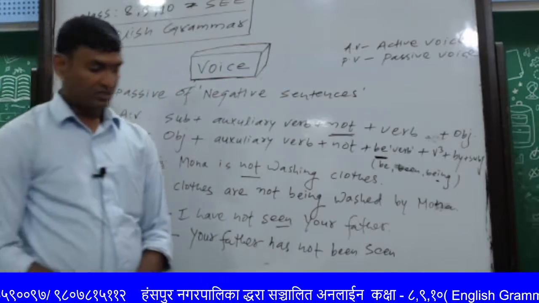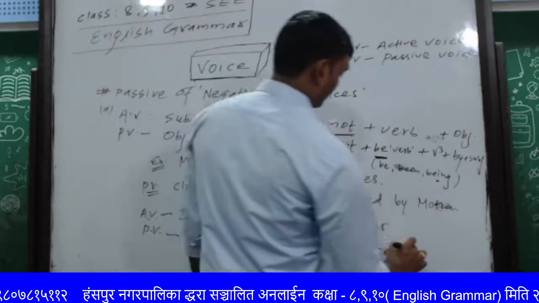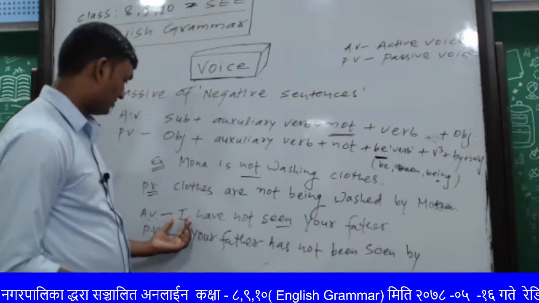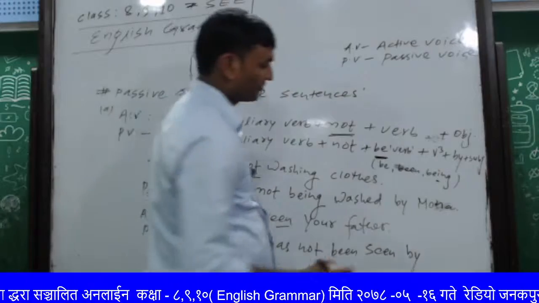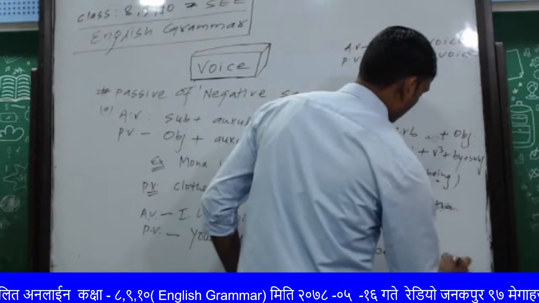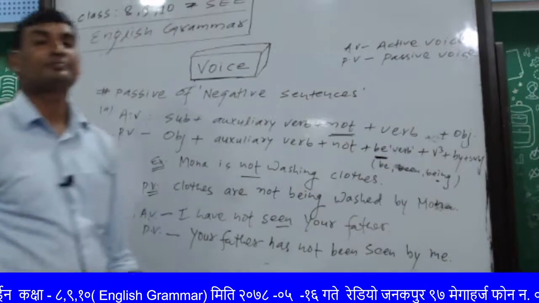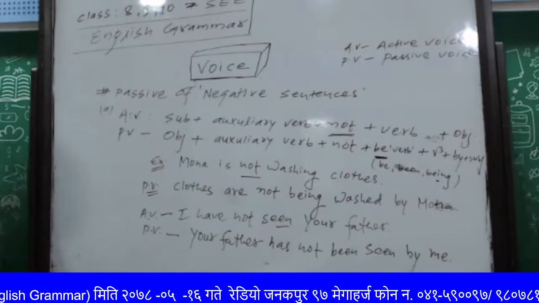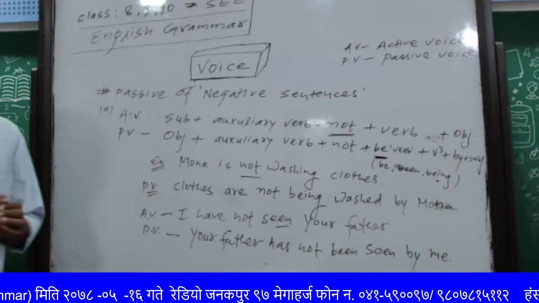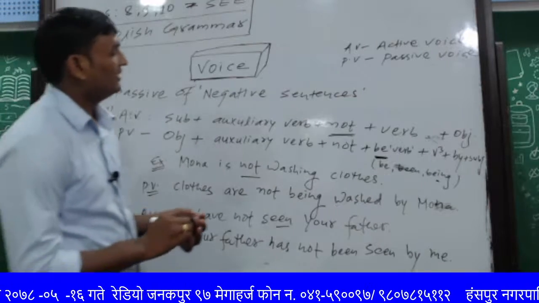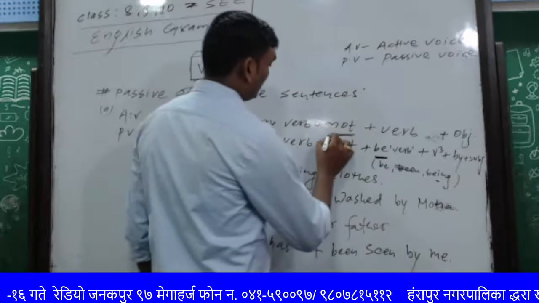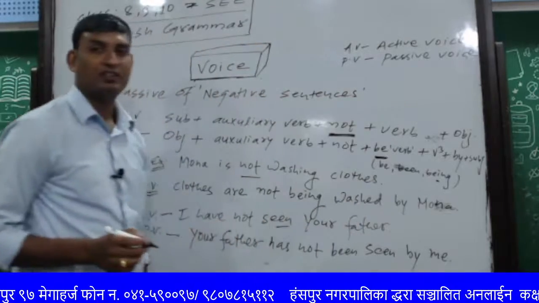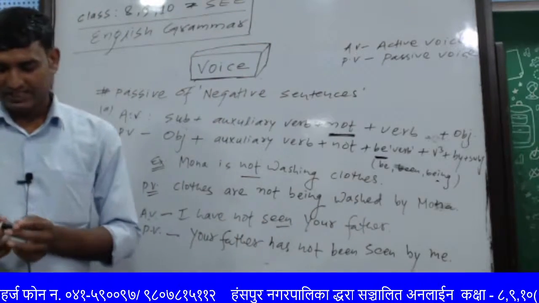Not been seen, then by, and I is the subject, and I changes into me in objective case, by me. In this way we can change the passive of negative when in a sentence not is used after the auxiliary.